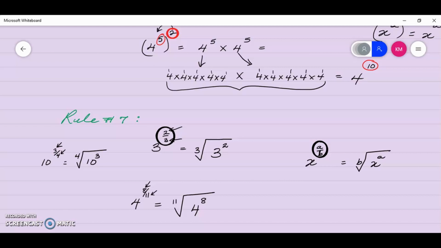And for our rules before, we actually were able to analyze them and see how we came about with the rules, but this one is a little technical. So you may just have to learn off this one, right? Where your power is a fraction. So that's it there. That's your rules of indices.